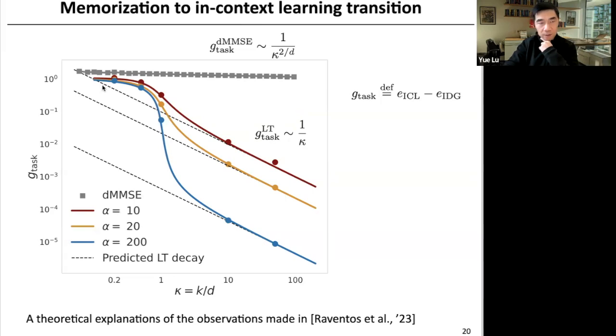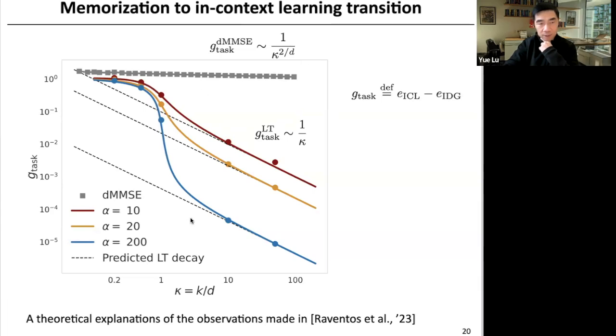Now, in contrast, the gray symbols represent what we would get if the network were only memorizing the finite number of task vectors. In that case, the curve would go to 0 much, much slower, at a rate of 1 over kappa to the power of 2 over d. So this is a very slow rate.